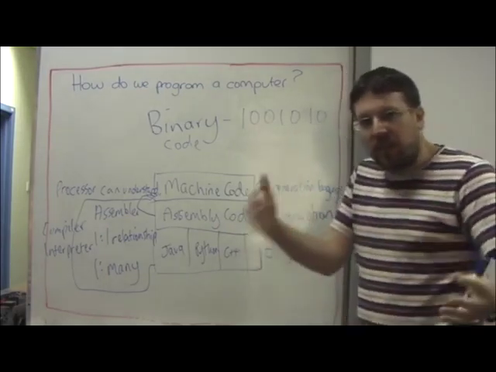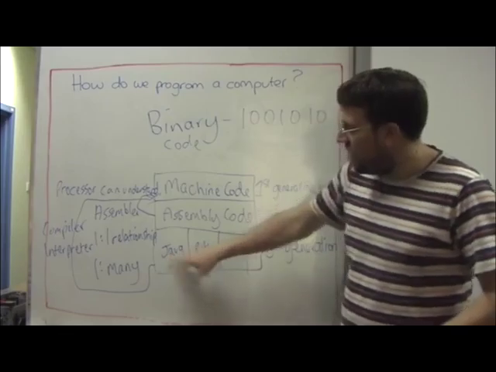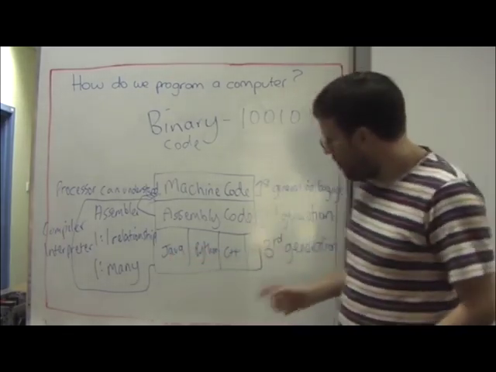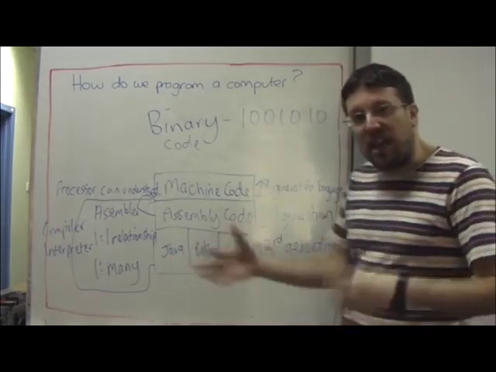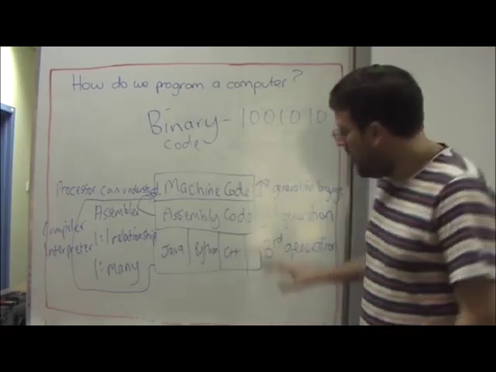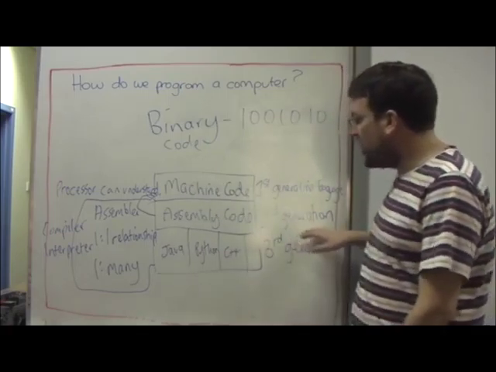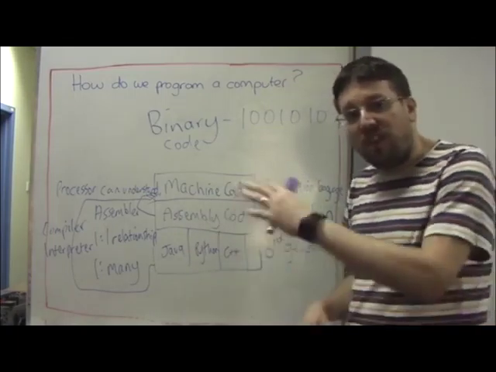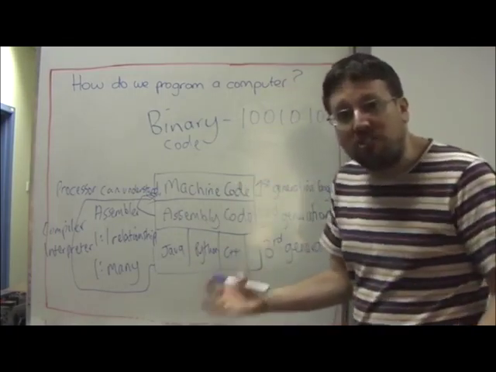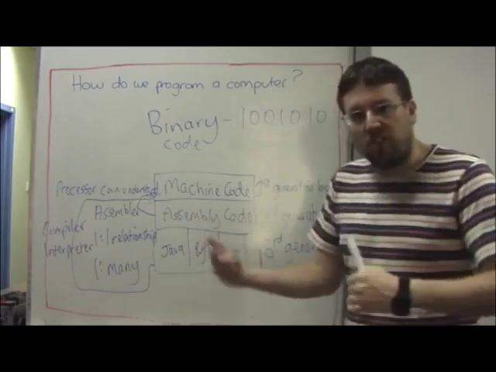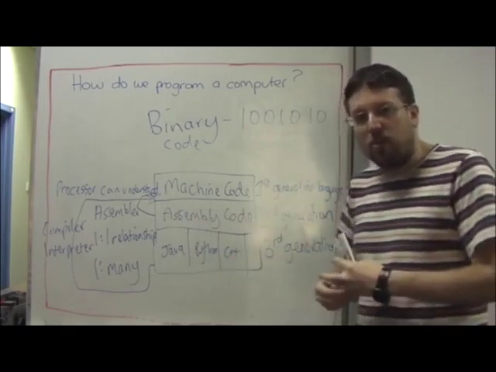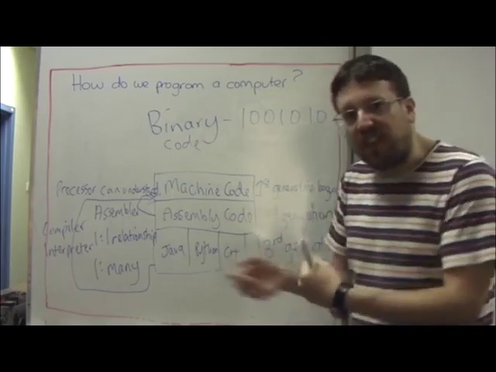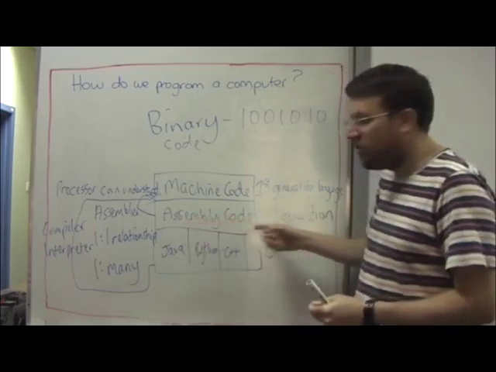Another advantage we get from Java is that programs we write in a third generation language tend to be more portable. A second generation language, assembly code, is designed specifically for the CPU, the processor, that you are using. So if you want to create a game, you have to design it specifically for that processor if you're going to write it in assembly code.